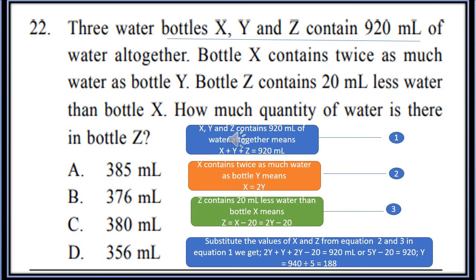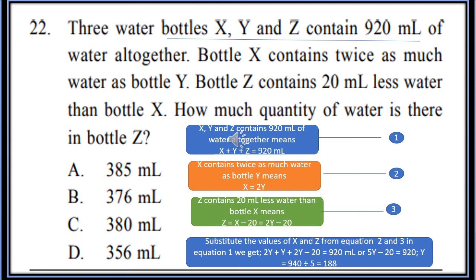Now by solving equations 1, 2 and 3, substitute the values of X and Z in equation 1, we will get 2Y plus 2Y minus 20 equals 920 ml, or 5Y minus 20 is 920, and Y equals 940 divided by 5 equals 188.